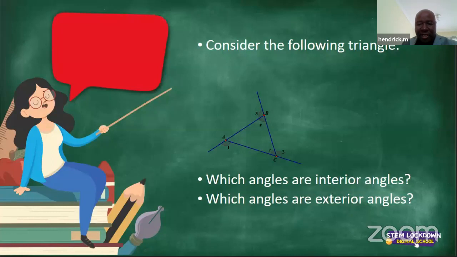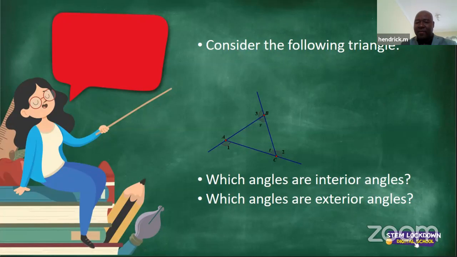We also have T on angle C, which is subdivided into two angles. We've got C consisting of T, and angle 2 there. Now, having given you all of these angles, I want you to give me the angles which you think are interior angles.